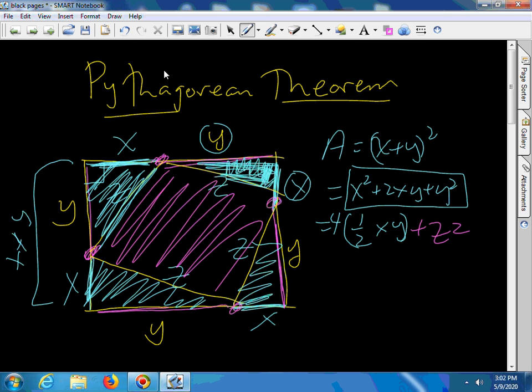So that's it. These two are supposed to be equal, these two blue. But let's clean up the bottom one. 4 times a half is 2xy, plus z squared.